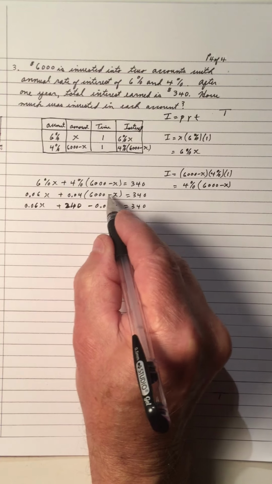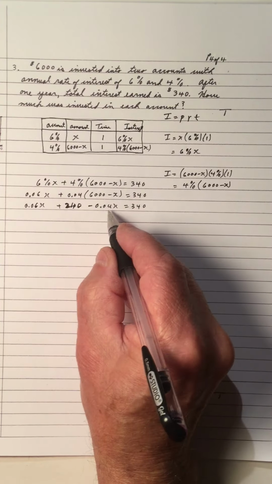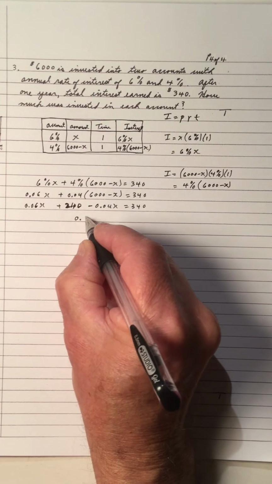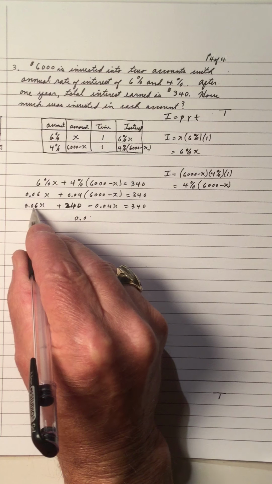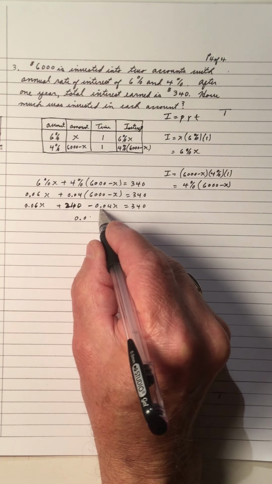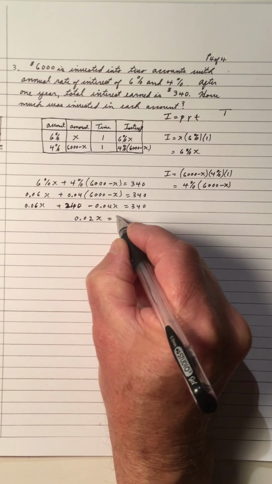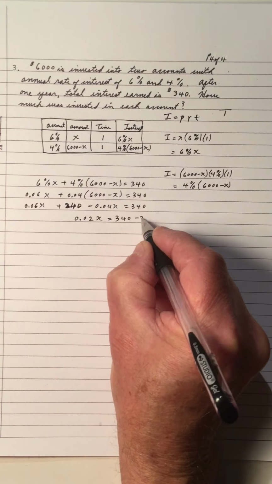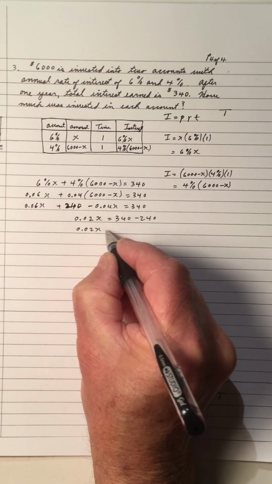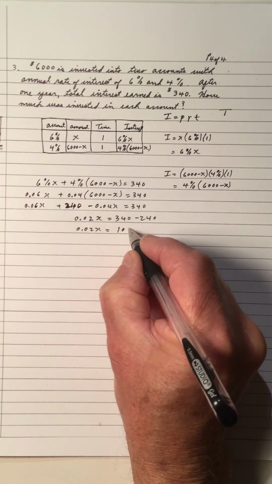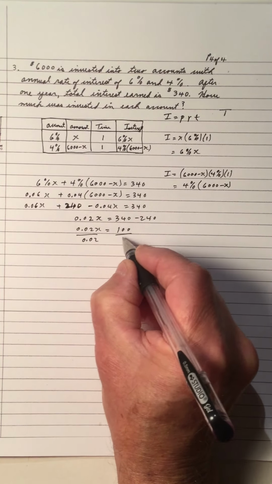Now we add these up, we get 0.06x minus 0.04x is 0.02x equals 340 minus 240. So 0.02x equals 100. And we divide by 0.02 on each side.